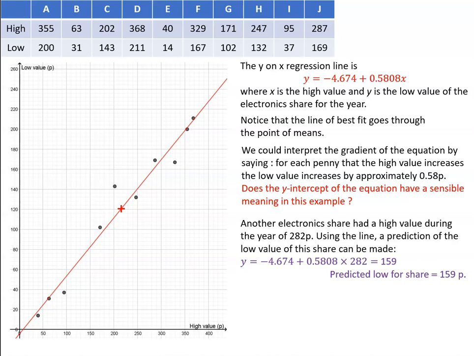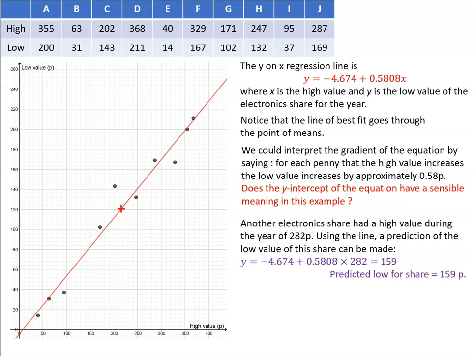If we had another electronics share which had a high value during the year of 282 pence, then using the regression line we can predict what the low value of this share might be. So just inserting x equals 282 into the regression line, we obtain y equals 159.